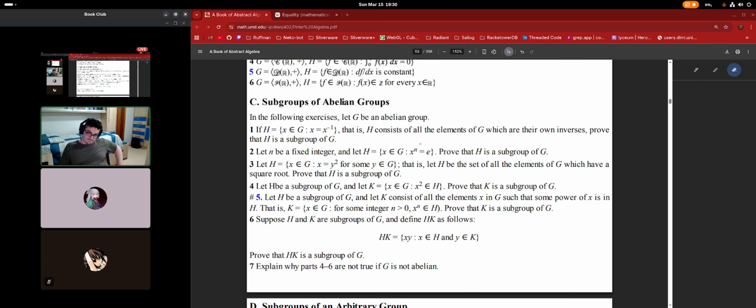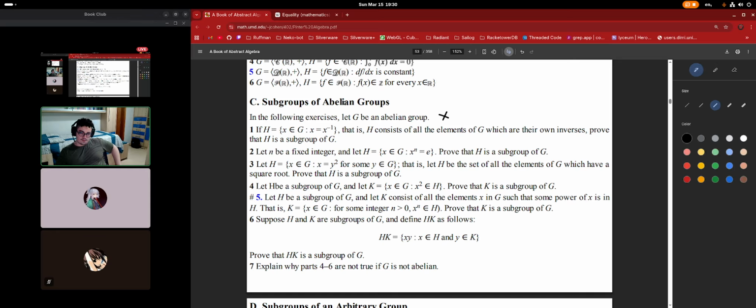To prove that, we would have to do, I don't know, x^n times x^n, and this is equal to x^2n, right? But I think it's easier to do x^n is e, times x^n is e, so this is e.